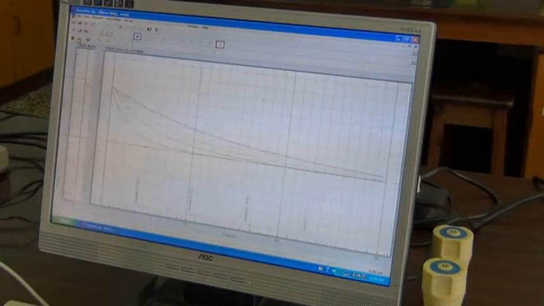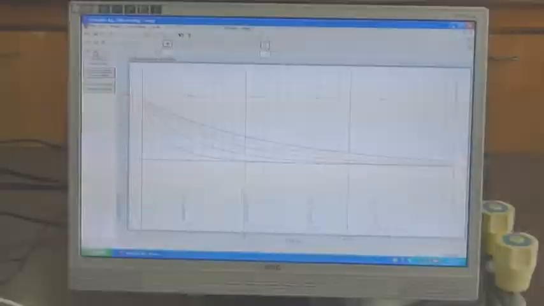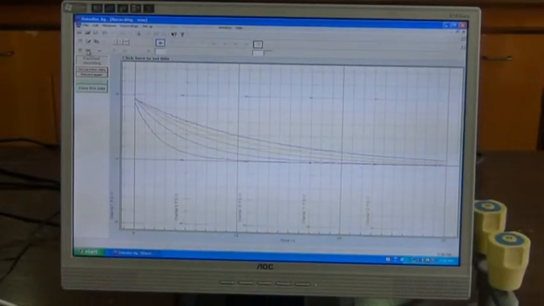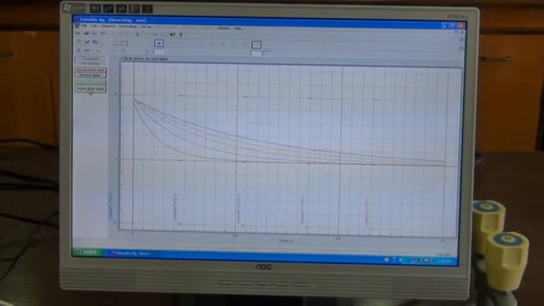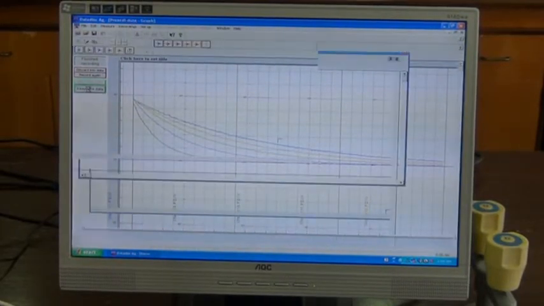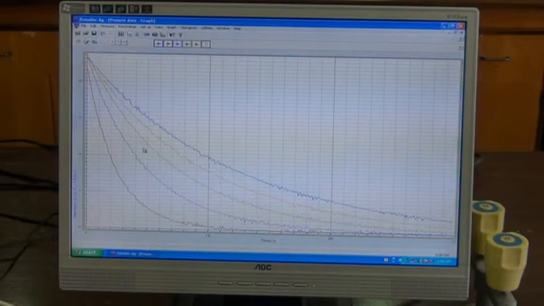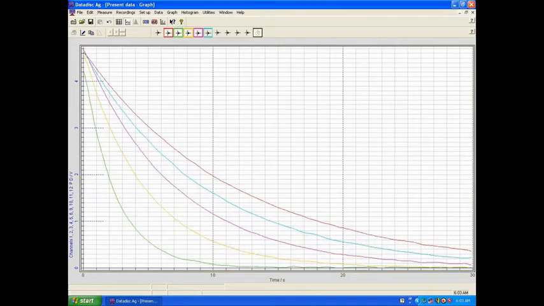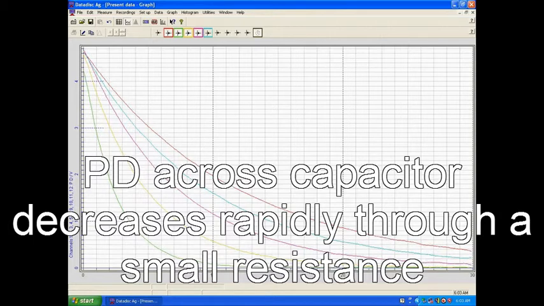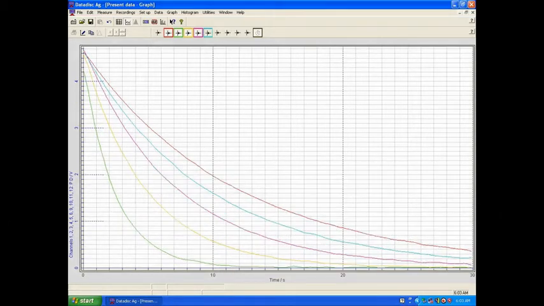We select Add to this data from the left menu. Finally, we shall obtain a family of curves, each for every resistance we have chosen, and we note that the potential difference across the plates of the capacitor decreases rapidly when the resistance is small, and the potential difference decreases slowly when the resistance is large.